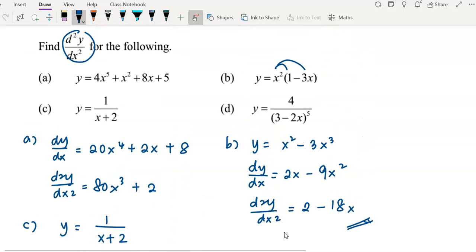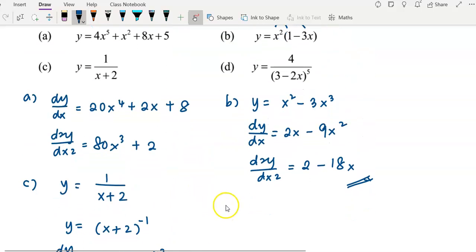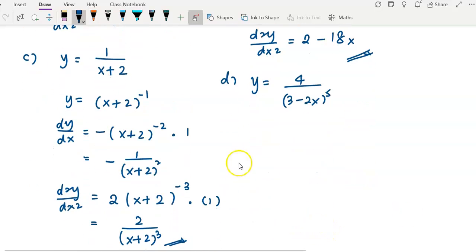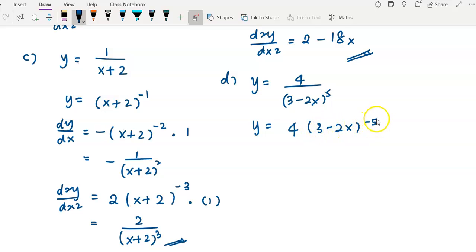Let's look at the last question, which is D. Question D, y equals 4 over 3 minus 2x to the power of 5. So again, before I start to differentiate, I will rewrite this function as 4 times 3 minus 2x to the power of negative 5.